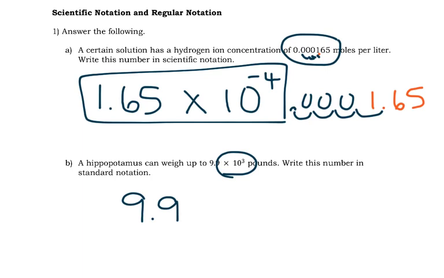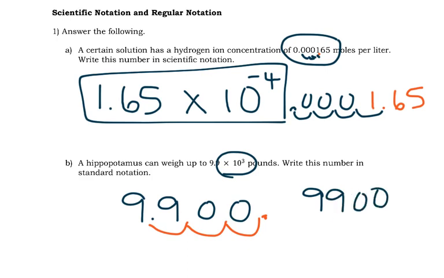Because that 3 is a positive 3, I know I'm going to have to move the decimal point 3 places to the right. So 1, 2, 3, and I'm going to put in those zeros there. And so my number is 9,900, so the hippopotamus weighs 9,900 pounds.